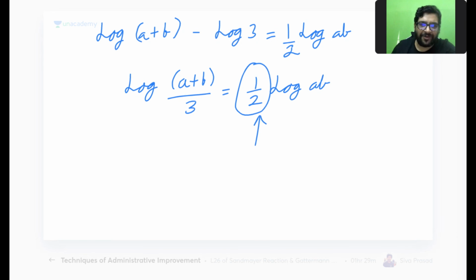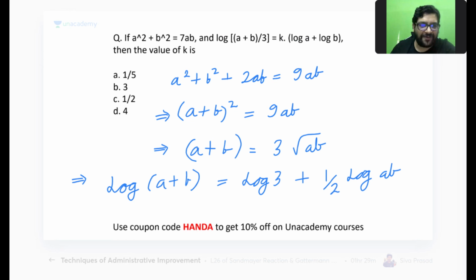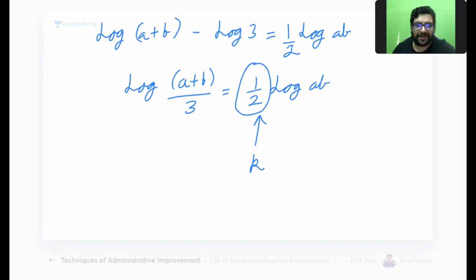We were asked for this value, and this is the value of k, which is half. Are you guys okay with this? Ashu, Swaranjyoti, both of you got the answer as half, which is the correct answer.